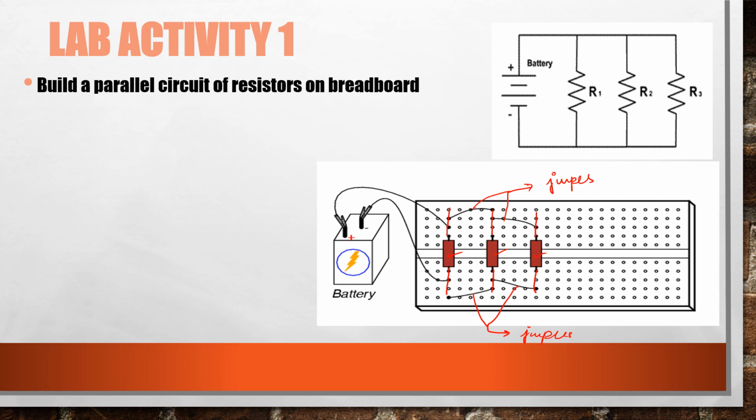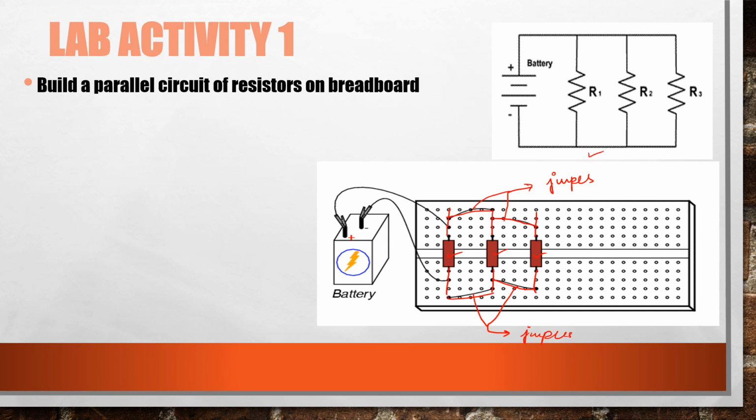Now after connecting these resistors with the help of jumpers, the connections look like this. Now as you can see, these connections are similar to this circuit diagram.